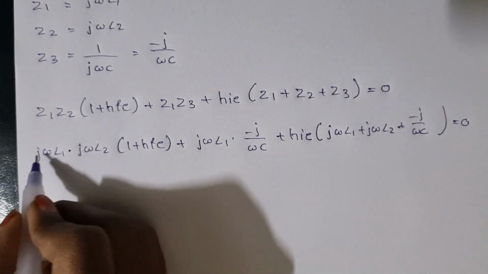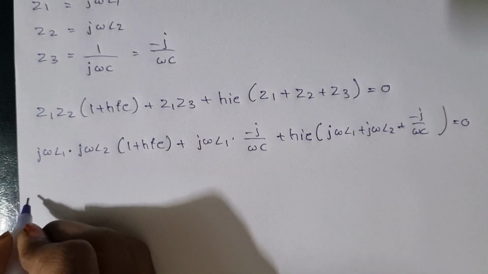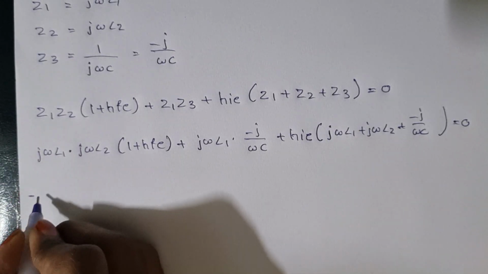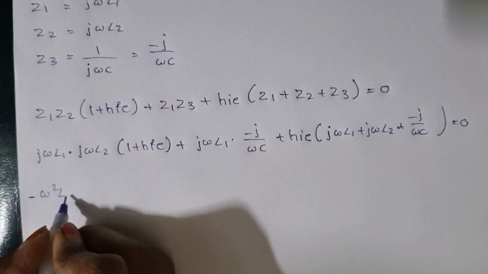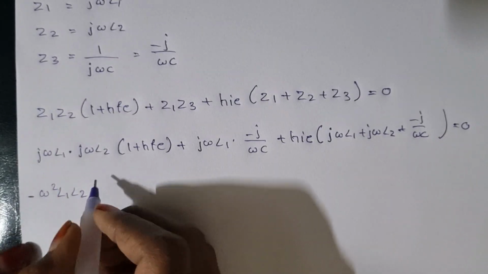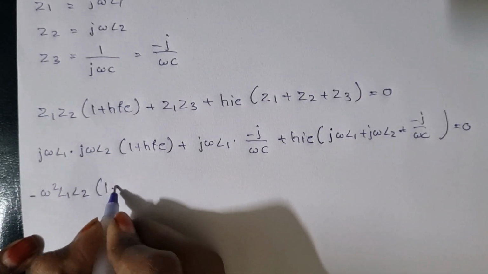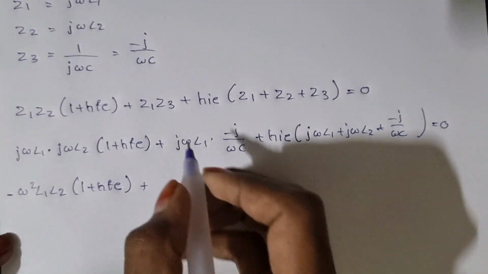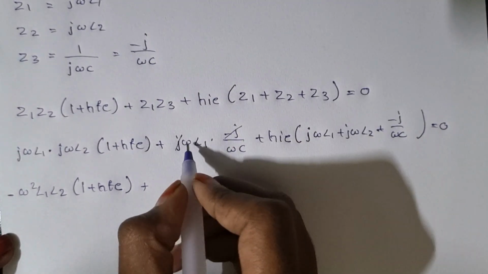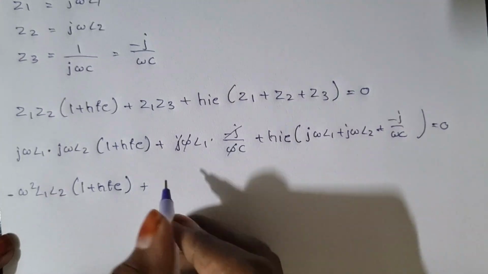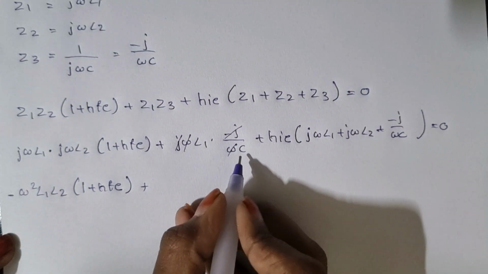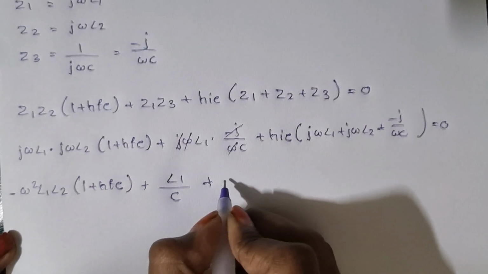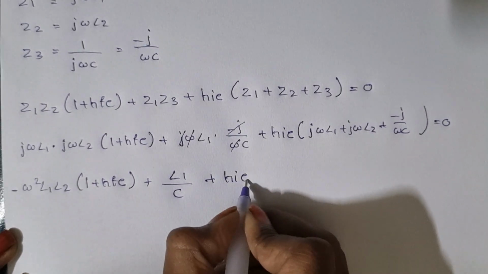So we multiply these two, j into j gives minus, and we get omega into omega, omega square L1 L2 of (1 plus HFE) plus, now in this j and minus j get cancelled and omega also. So the remaining terms are L1 and C, so L1 by C, plus HIE.